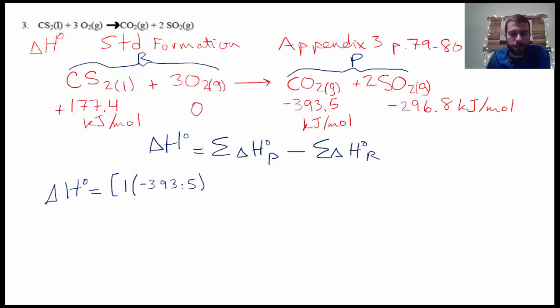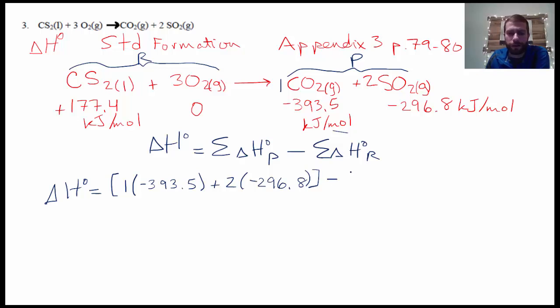Remember, this is kilojoules per mole, and because the coefficient here is 1, we're effectively seeing 1 mole of CO2 times this negative 393.5, so those moles cancel. So we've got negative 393.5 plus the value for the SO2, and we have 2 of them, so 2 times negative 296.8. Okay, that is the product side.